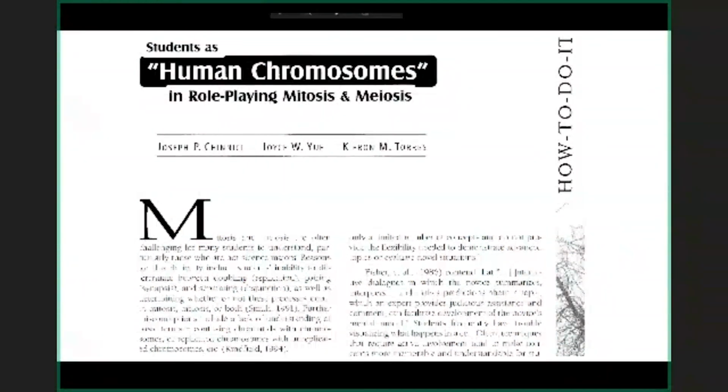And there was also another one on human chromosome play by students helping out with mitosis and meiosis and comparing the two.